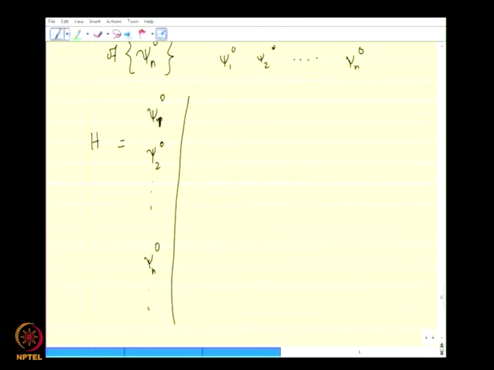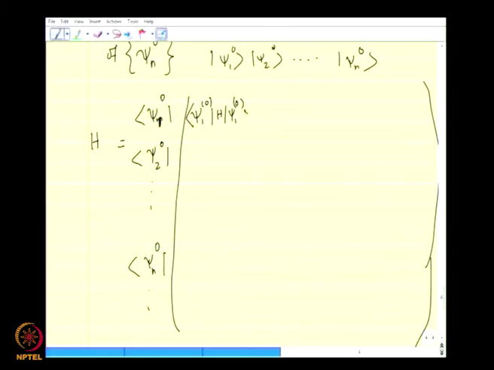Please note that the matrix elements are written by psi 1 0. Now I will use the bracket notation, and if I use the bracket notation I must keep these as the bra states and these as the ket states. This is the first diagonal matrix element.